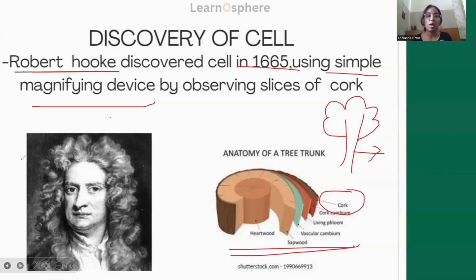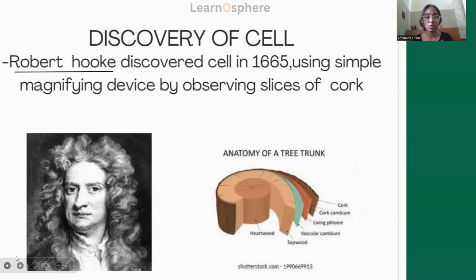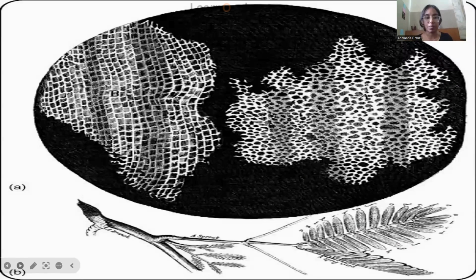Now after observing through a microscope, what did he observe? He could see something like this under a simple magnifying device. By looking at this, what he concluded is that it looked like a honeycomb, or it looked like small boxes.